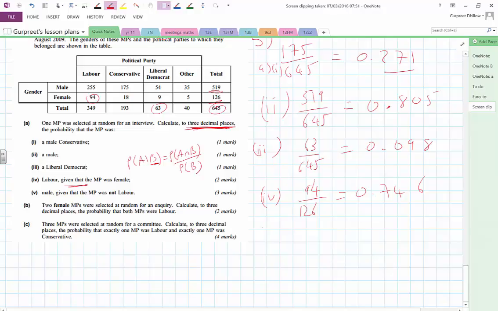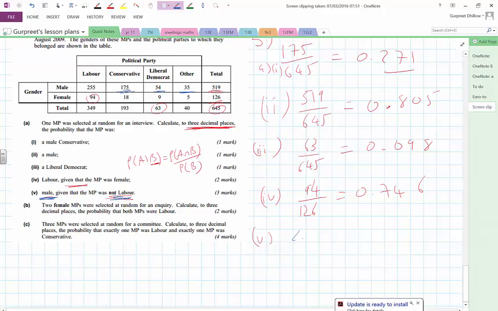And that's 0.746. And part 5, male and not Labour. So male and not Labour, well, I'll say green or blue. So let's do this one in blue. Male and not Labour is that, that, and that, or 519 minus 255, whichever way you want to do it.